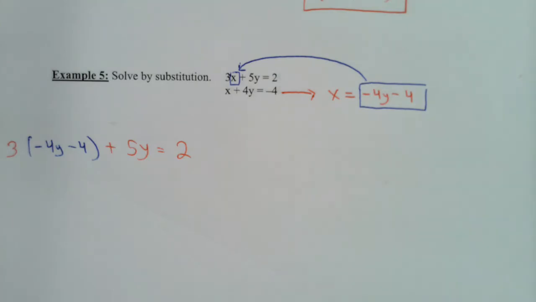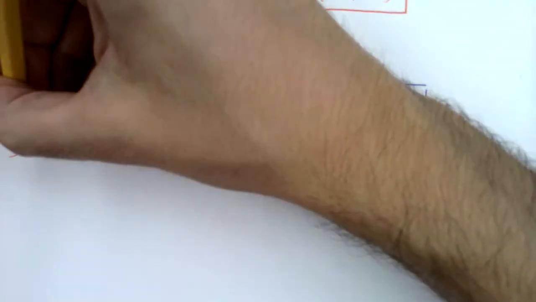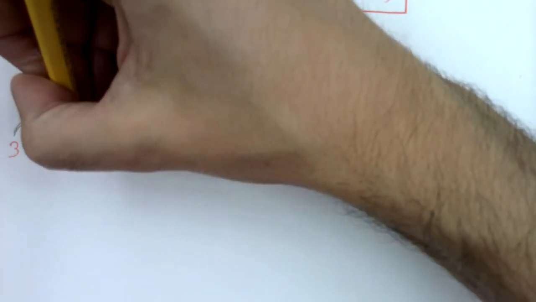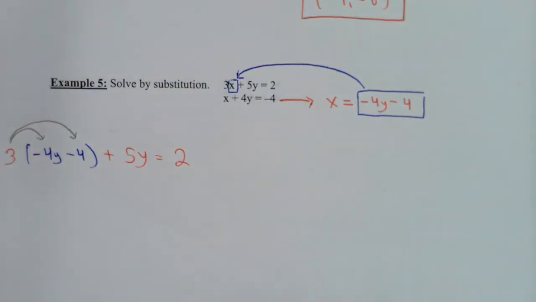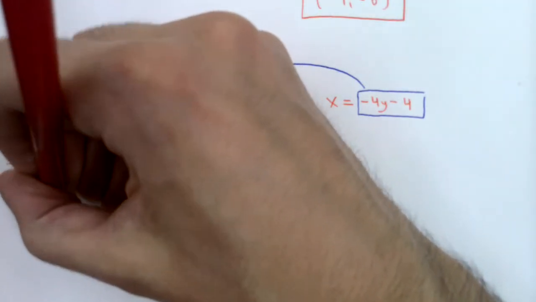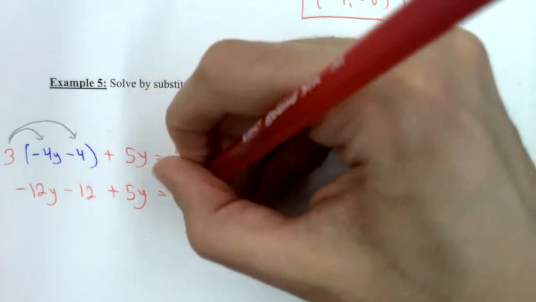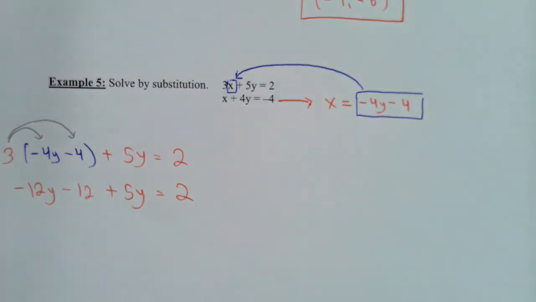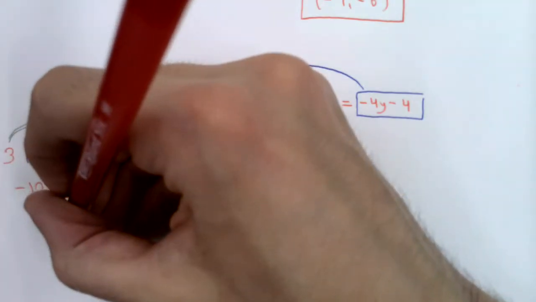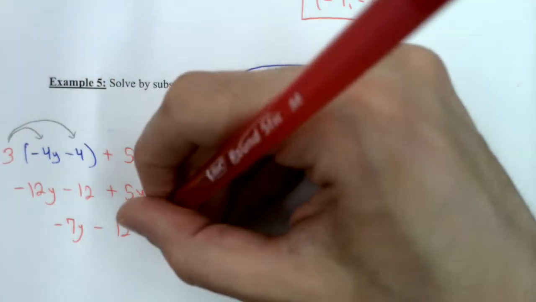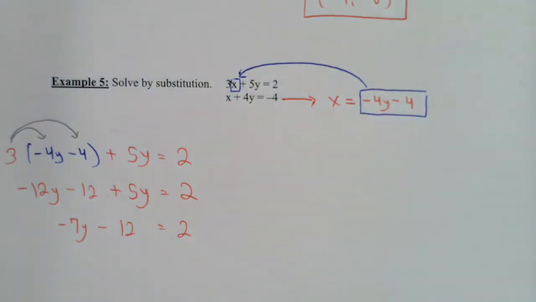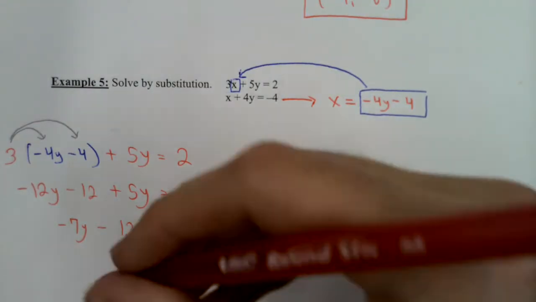Solve that for y. Distribute. Negative 12y minus 12 plus 5y equals 2. Combine the like terms. Negative 7y minus 12 equals 2. Add 12 to each side.